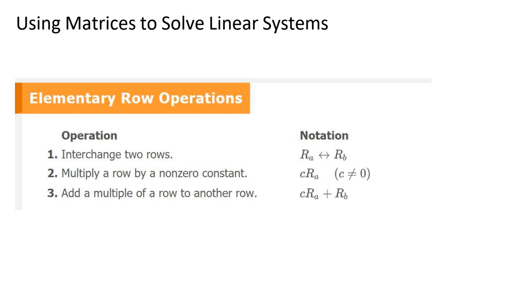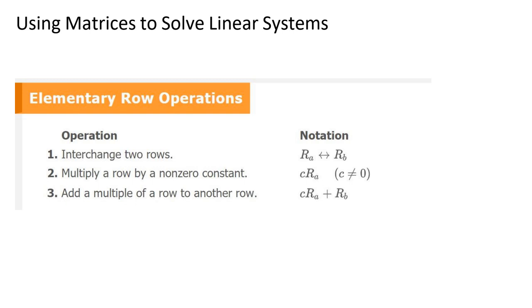The operation that we do is this double arrow sign. This double arrow sign means that I'm going to swap row A, whether it's row 1 or row 2, with this other row, whatever number row that is. That's one of the operations that we can do, and this is called elementary row operations with matrices.